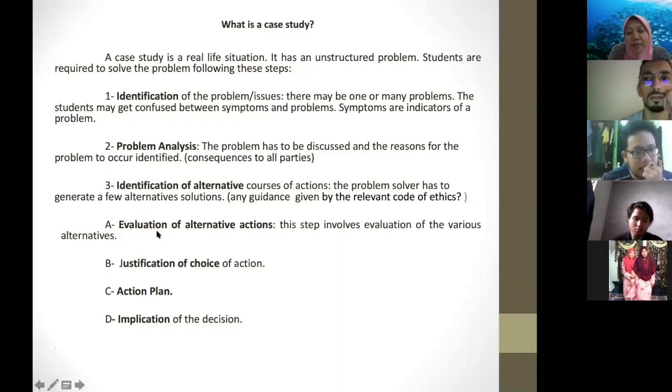So in 3A, you need to evaluate the alternative actions. You say solution number 1 is good, why, and not good, why, the pros and cons. For each solution, you need to come up with an evaluation. So the more you think, the more alternative solutions or courses of action you will identify.